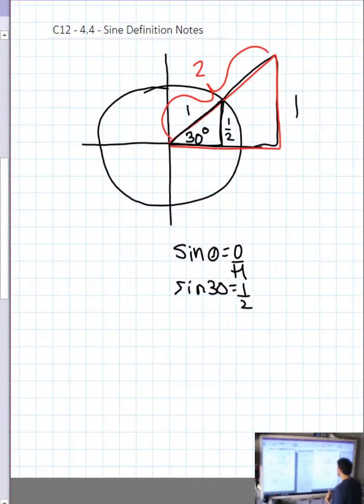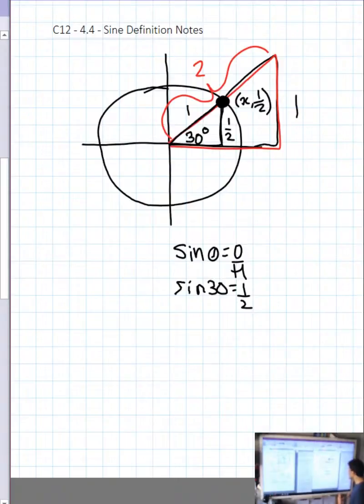Now, here's where we get to it. So I'm going to put a point on the unit circle. A big, huge point on the unit circle. Now, that point is x, comma, something. Well, I can clearly see that that y value is 1/2 from the work we did with similar triangles a second ago.